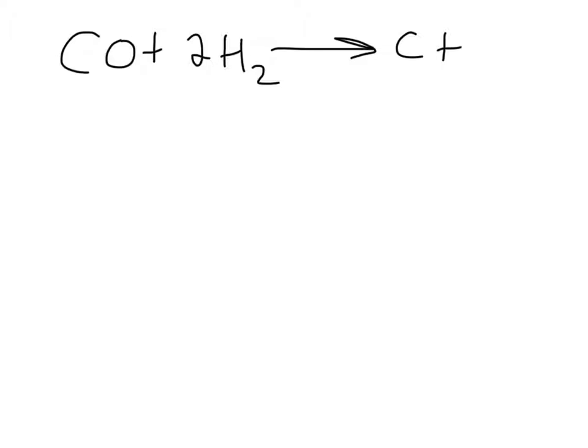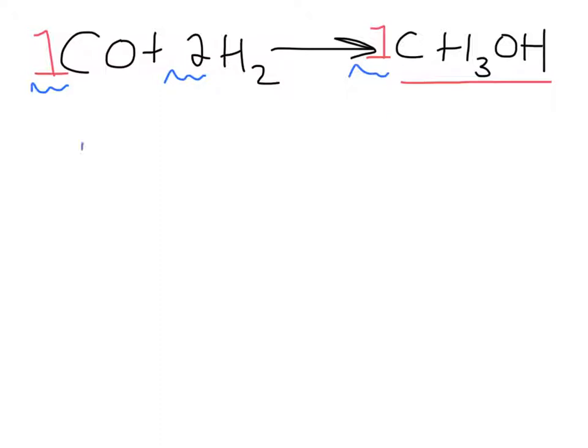So I've given you a balanced equation here. Carbon monoxide plus 2 hydrogen gas will combine to make CH3OH, which is called methanol. This is a synthesis reaction, as you might recall, because there is only one product. The coefficients that are in front, in this case a 1 there and a 1 there, can represent 2 different things.